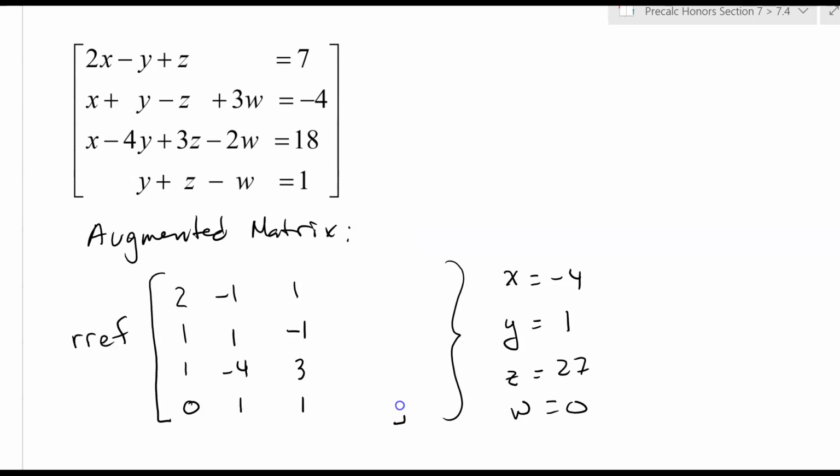All right, well, let's fix this augmented matrix here. It should be 0, 3, -2, 1, and then 7, -4, 18, and 1. There we go. And then the solutions here should be correct. We should have -4 for x, 1 for y, and 27 for z, and w should be 0. That's what that bottom row of zeros shows you.